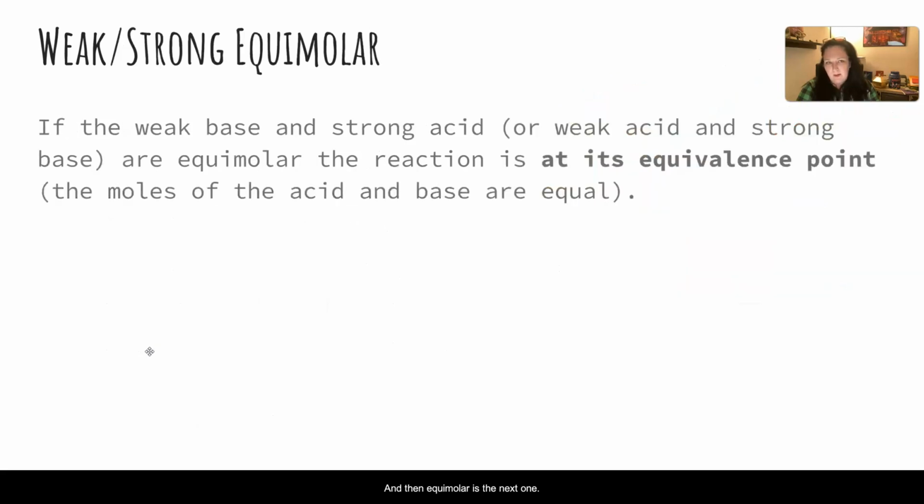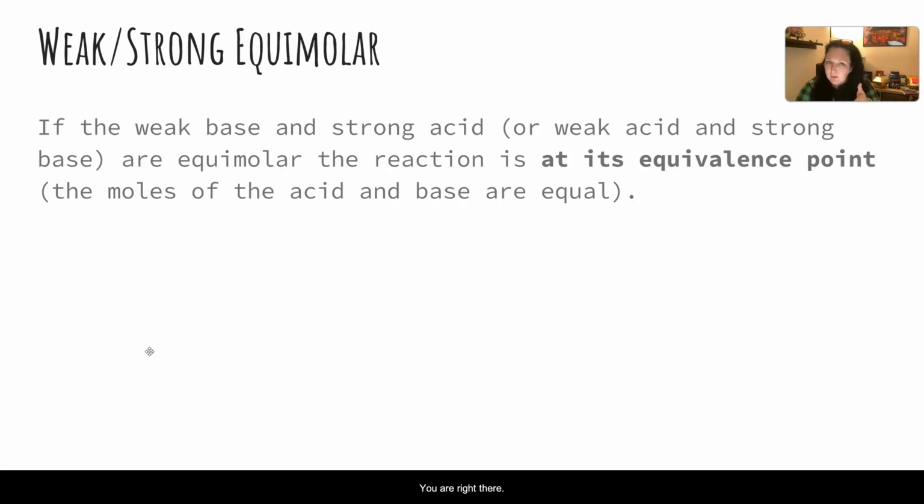And then equimolar is the next one. This can be a little tough. All right, so for an equimolar, so if the weak base and the strong acid, or the weak acid and the strong base, whichever one you got, are equimolar, then you are at the equivalence point.